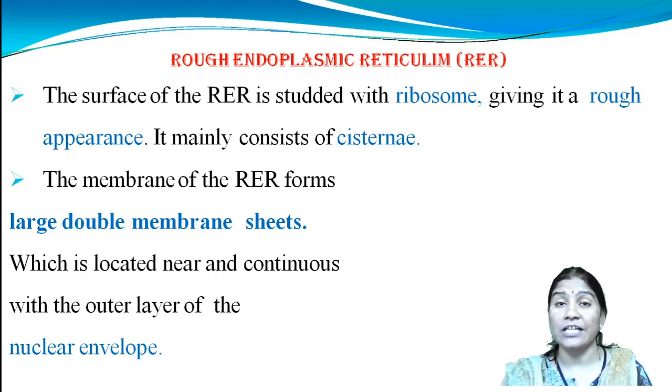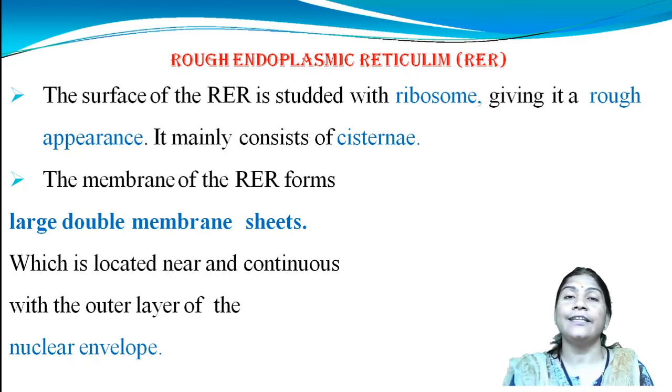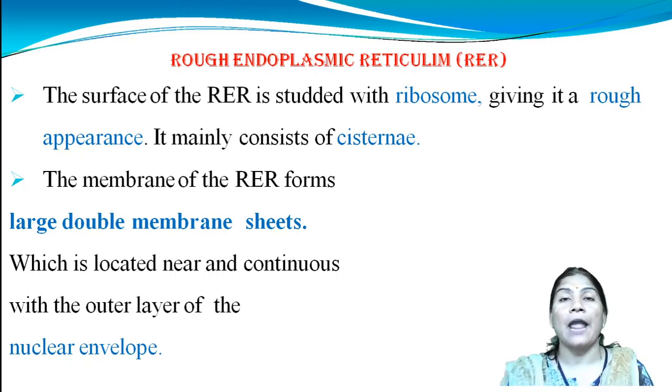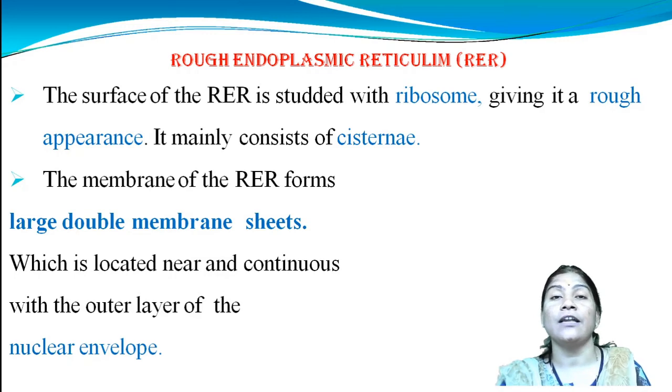So, rough endoplasmic reticulum has ribosomes, which is why it has a very rough appearance, and it includes the element cisternae, with ribosomes on the membrane of the cisternae.